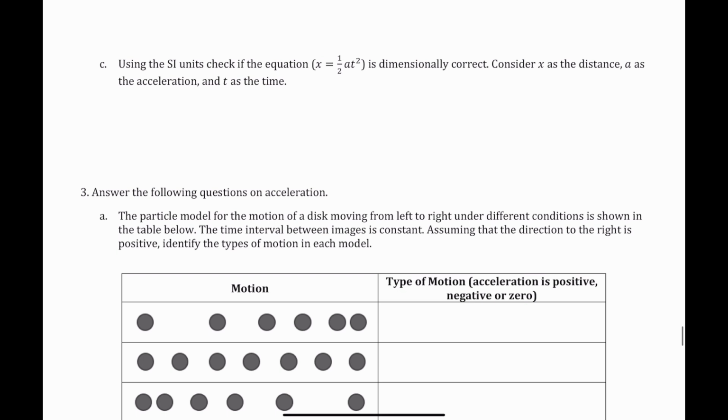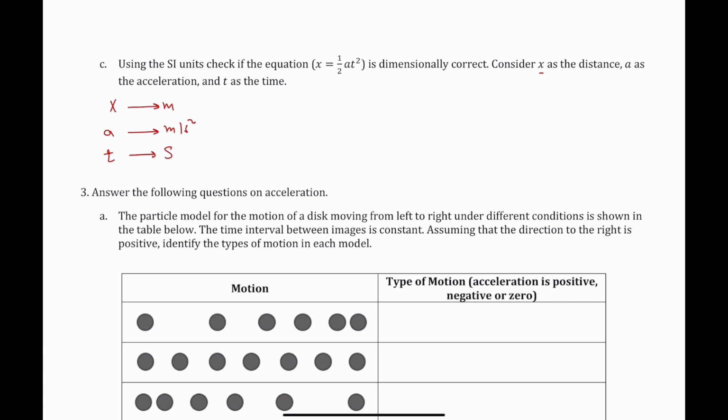C. Using the SI units, check if the equation x equals half a t squared is dimensionally correct. Consider x as the distance, a as the acceleration, and t as time. So we know that the measuring unit for x is meter, for a is meter per second squared, and for t is second.